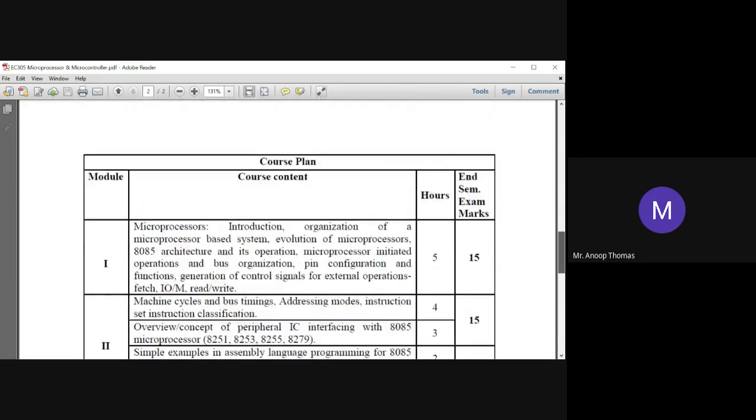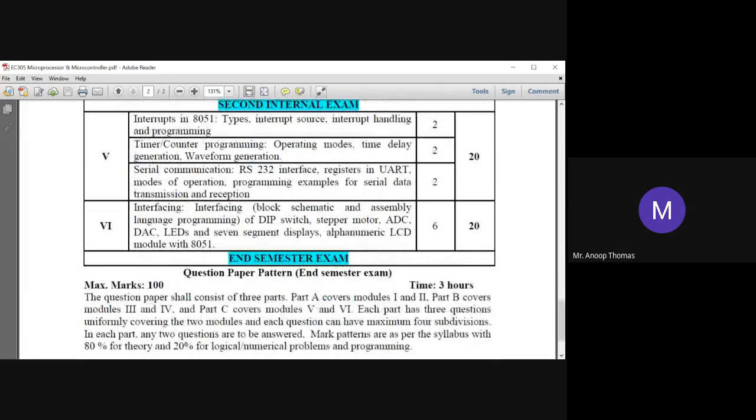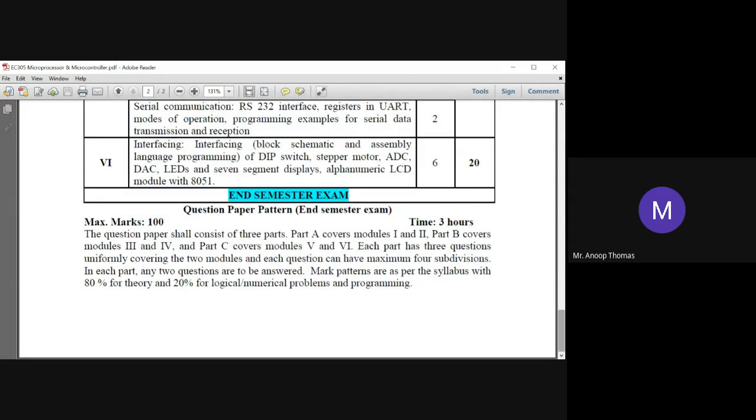So this is the way in which your syllabus is arranged. You have microprocessors, microcontrollers, interfacing, and certain advanced microprocessors. These are the topics which will be covered as part of this syllabus. Now, with respect to the question paper, it's basically a theoretical subject. 80% of it is theory, 20% will be the programming and your logical and numerical problems.